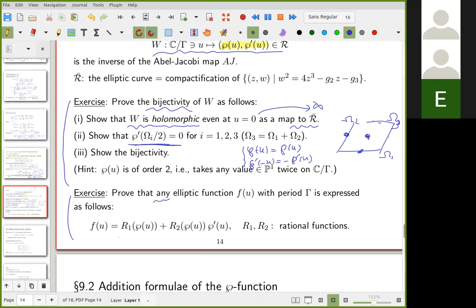You can find some rational functions which express an elliptic function in terms of P and P prime.